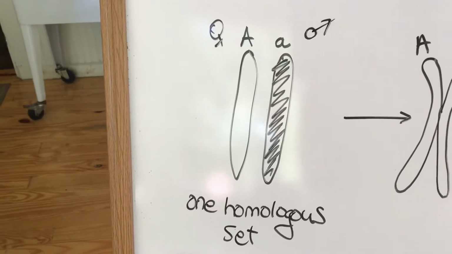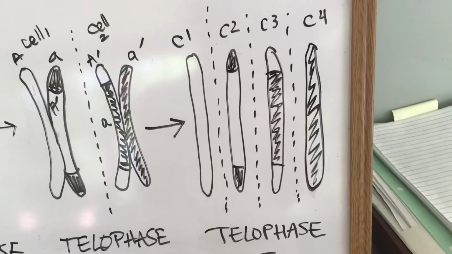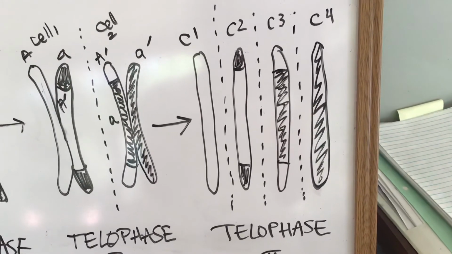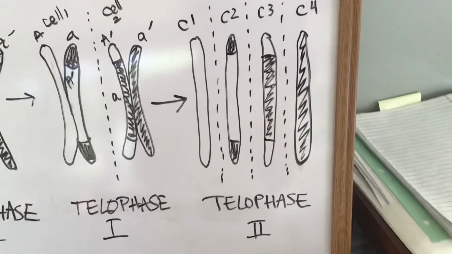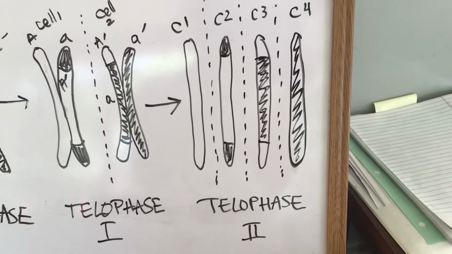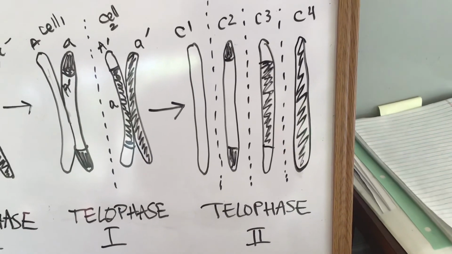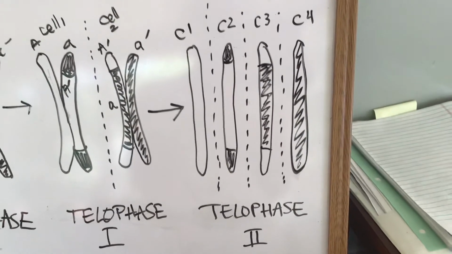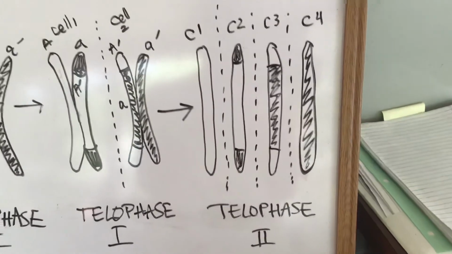I instead have one clear, one exchanged, the second exchanged, and one dark. So in all four of the cells created, each homolog or each part of that homologous set is going to be different. So this whole process is called crossing over, and it creates quite a bit of diversity because remember, this is happening to all 23 sets.